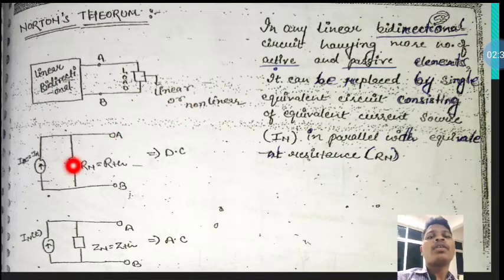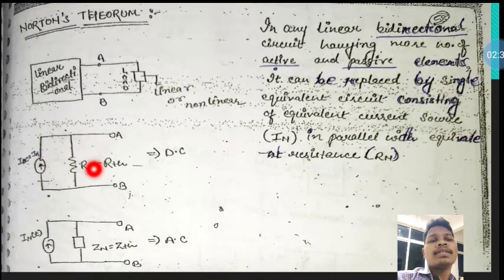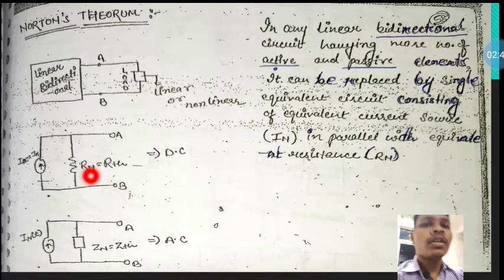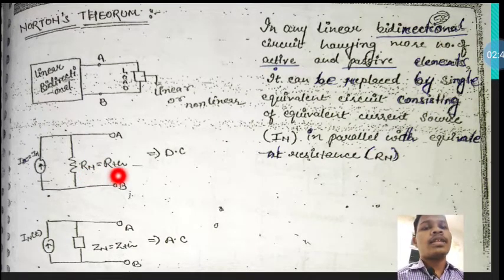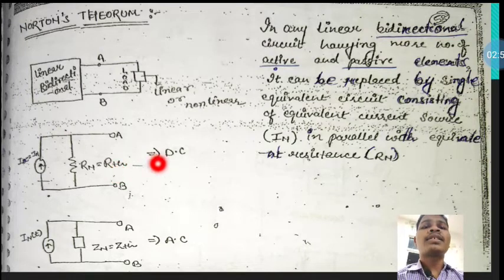We need to convert this to an equivalent current source, the Norton current, and an equivalent resistance, the Norton resistance, which is equal to the Thevenin's resistance. Whatever Thevenin's resistance we calculated in the previous Thevenin's theorem, that resistance is also the Norton resistance. This is for the DC case.